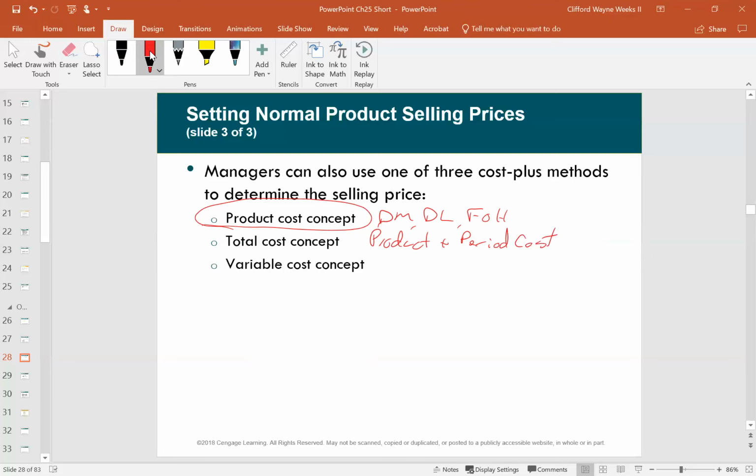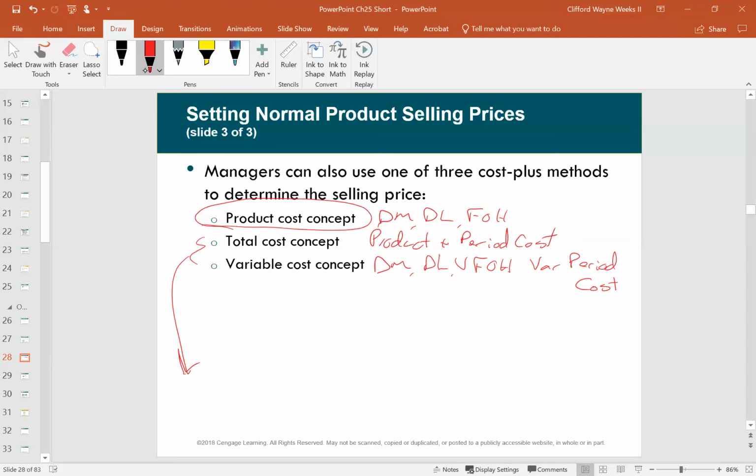And variable cost would be direct materials, direct labor, variable factory overhead, and variable period cost. These two are dealt with in the appendix.